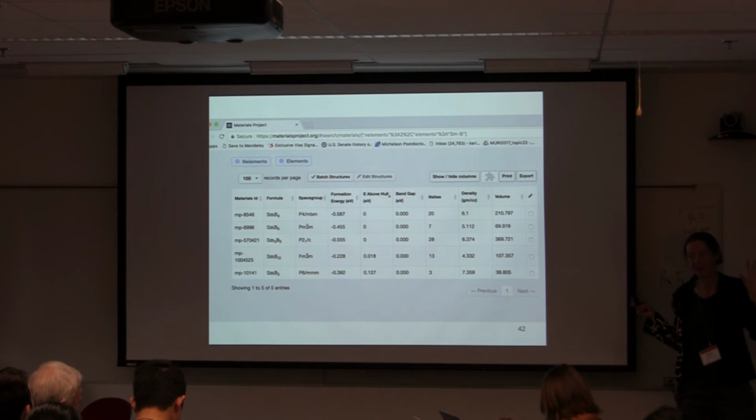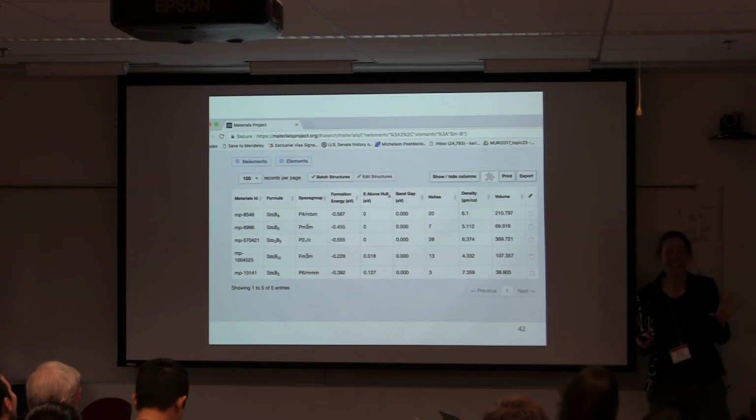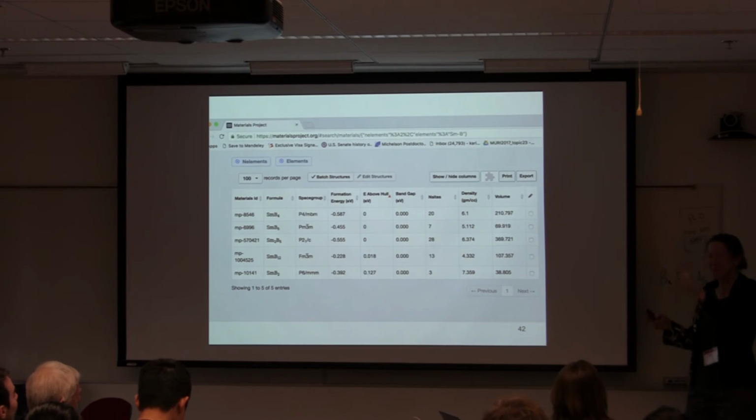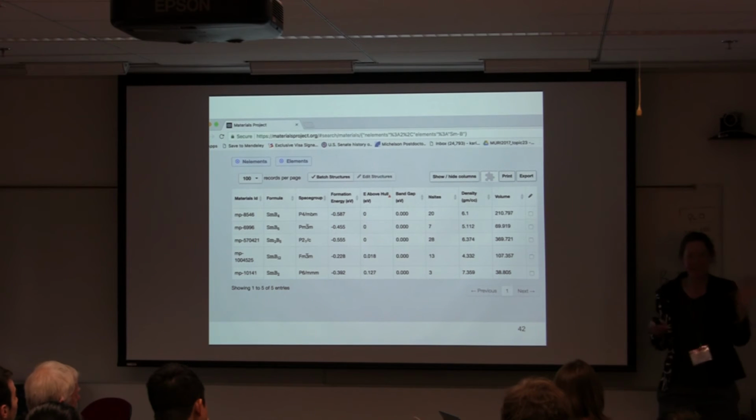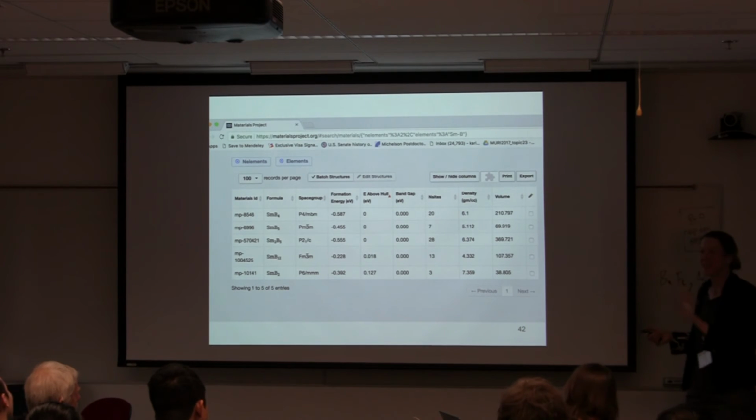One, because you should never ever do that in a talk. But I also have this excuse: last night, when I was substituting in the samarium boron 6, there was a message that they're going to be down off and on today for maintenance. So I did screenshots.